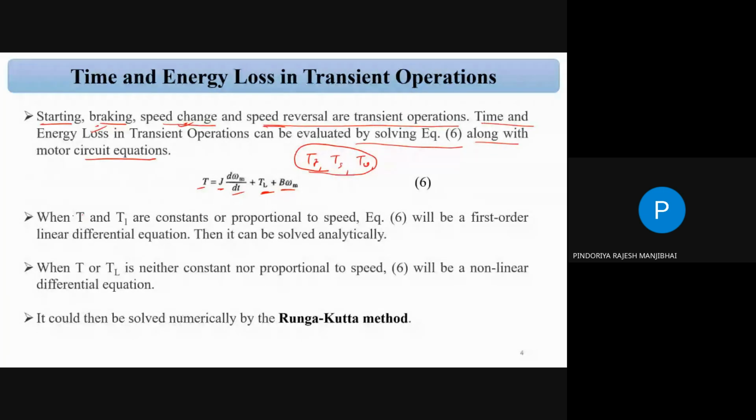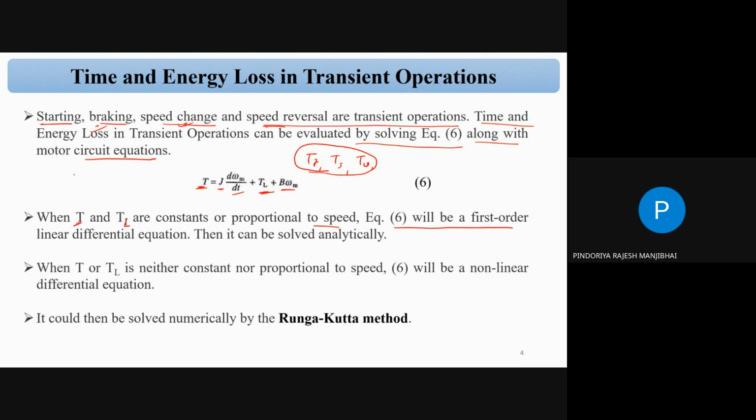Okay, so when T and TL are constant or proportional to the speed, we can say this component T and this capital TL are both constant, otherwise proportional to the speed, then equation number 6 will be a first order linear differential equation. Why first order?